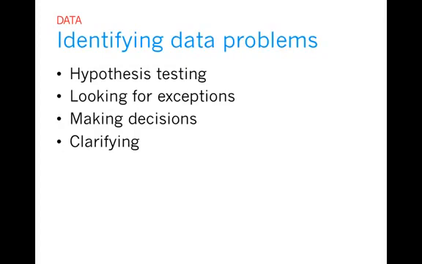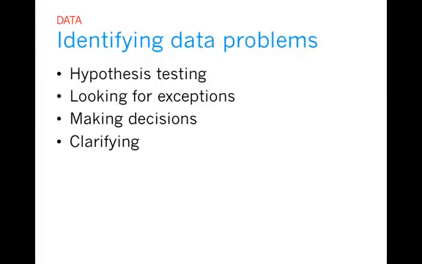Now, how do you identify data problems? Well, we talked about this in last week's lecture, right? There are 4 ways. One is hypothesis testing. You come up with some hypothesis, and then you test it. You can also look for exceptions or outliers. The third way is to try to minimize the uncertainties, to maximize the likelihood of things that you want to see.